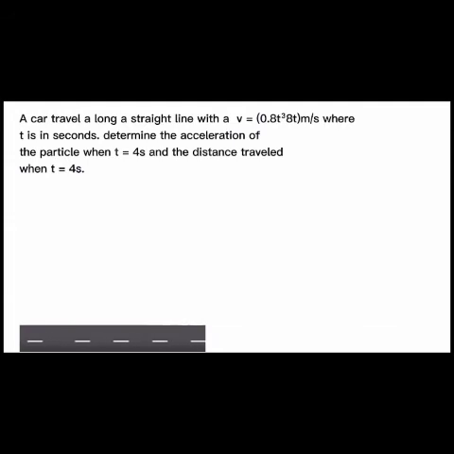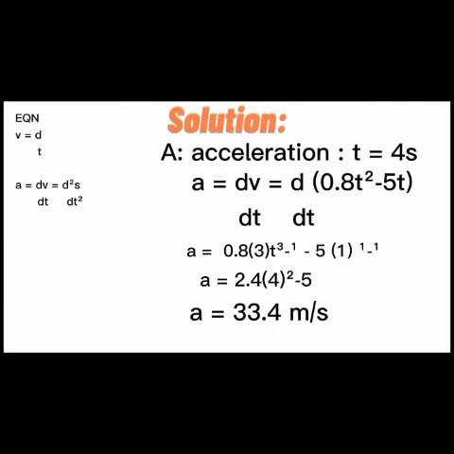So let's start to solve this one. For the equation of our problem, for the acceleration, we will use the derivative of velocity over derivative of time, and the value of velocity 0.8t cubed minus 5t over derivative of time.